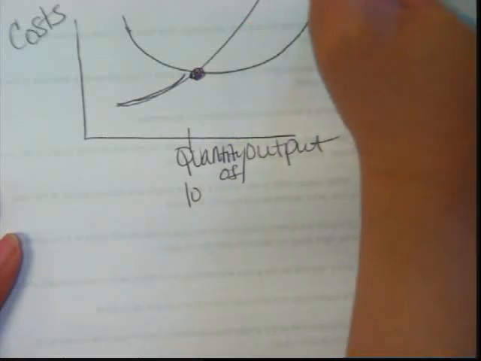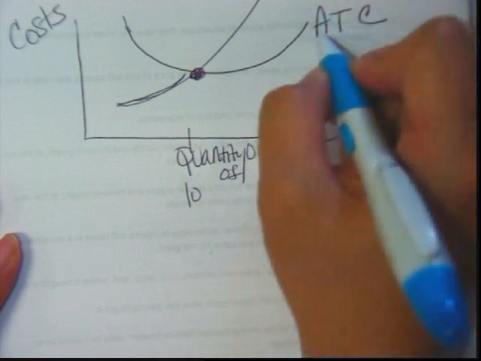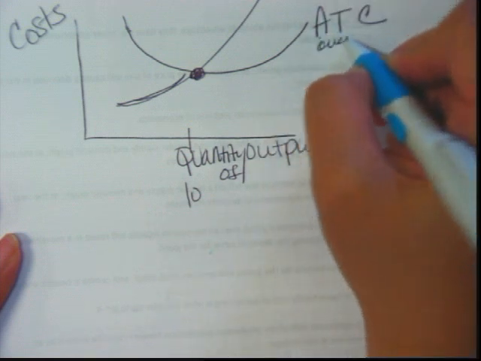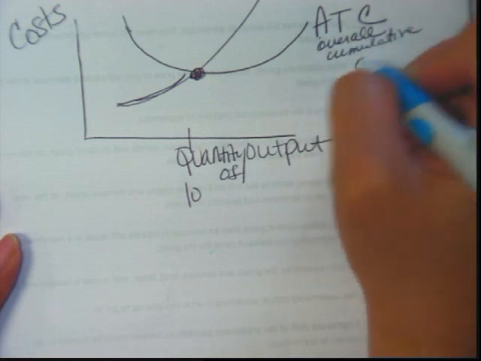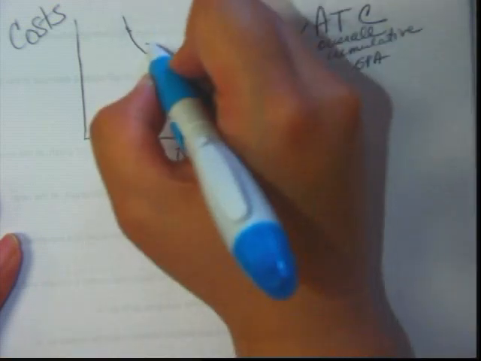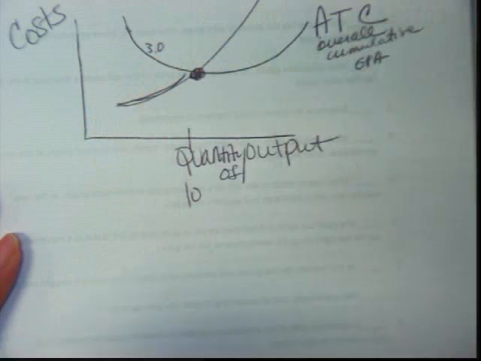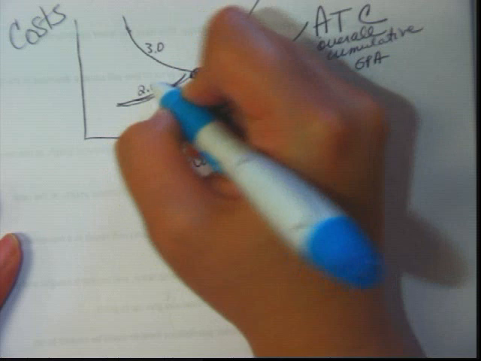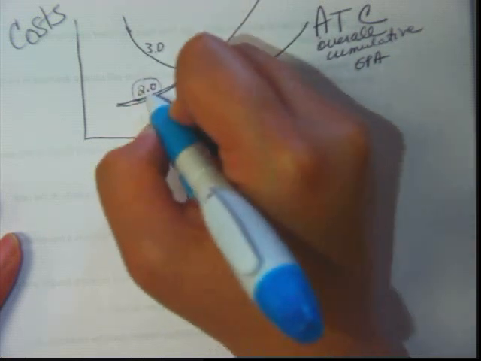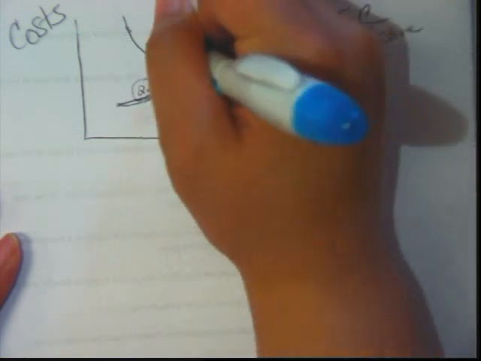When marginal cost is lower than average total cost, think of average total cost as your overall cumulative GPA and marginal cost as your semester GPA. If you're starting out with a 3.0 and this semester you don't do so well, you made all C's and your semester GPA was 2.0, what are you going to do to your 3.0?